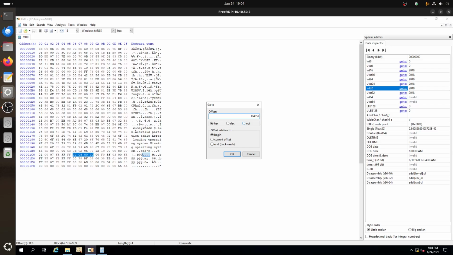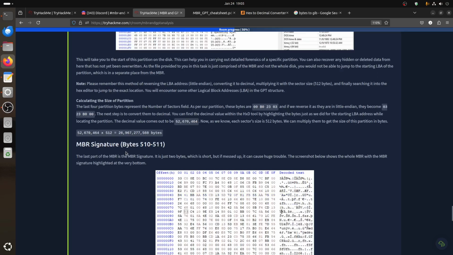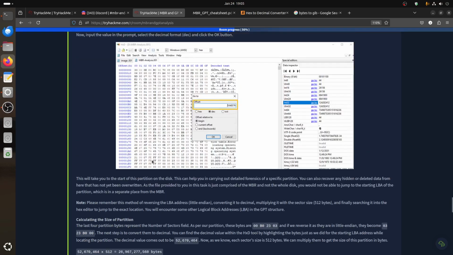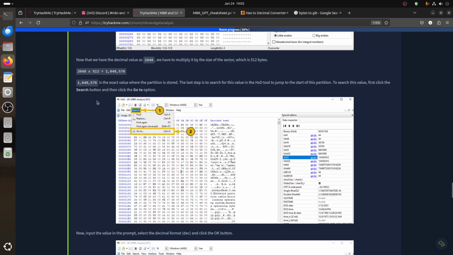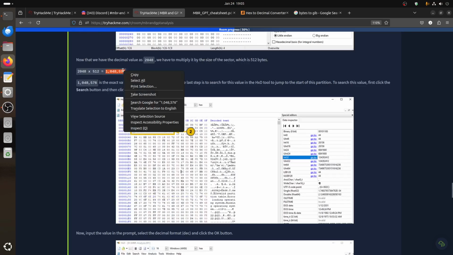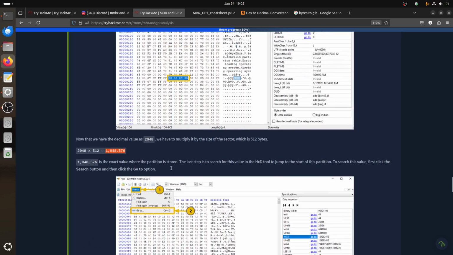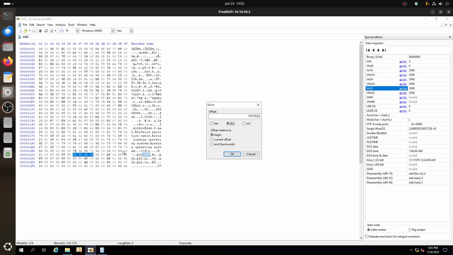Even if you begin with decimal, let me copy it. The reason I'm using the same number is 2048. Even though our example is not the same, we have the same 2048.